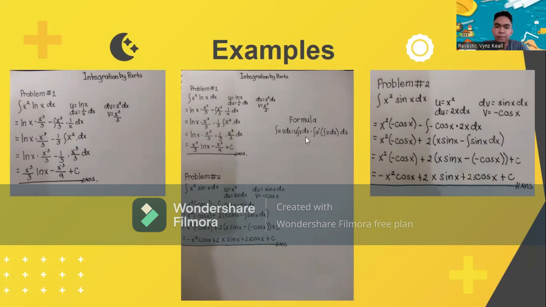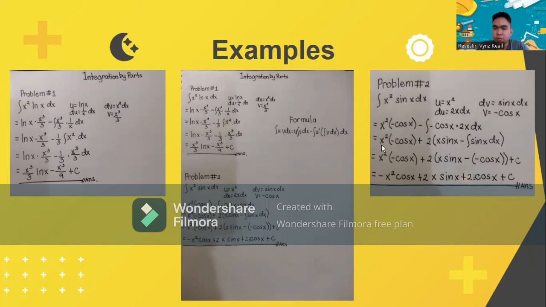Using the formula of integration by parts, so we're going to solve x squared times negative cosine x, which is the u times v, minus the integral of v dx times u prime, negative cosine x times 2x dx.